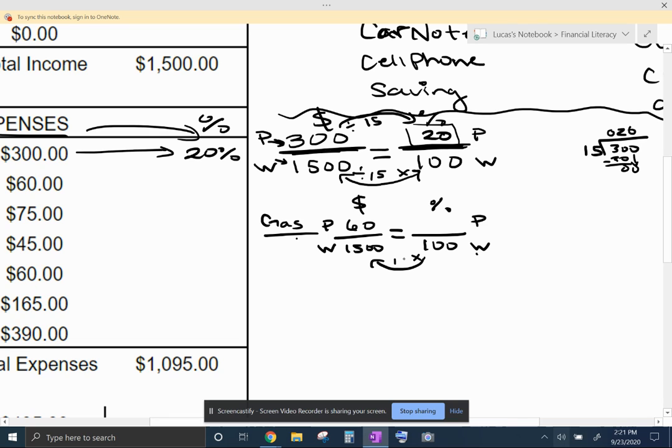To go this way is times 15. To go this way, it's divided by 15. So I just take 60 and I divide it by 15. 15 does not go into 6, but it does go into 60. That is 4 times exactly. So this is going to be 4%.